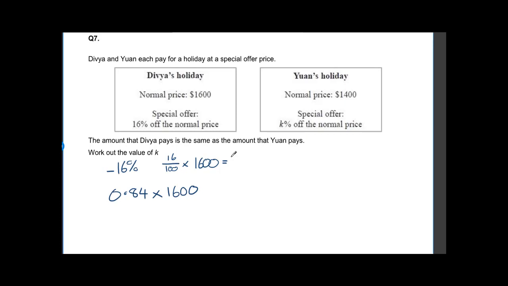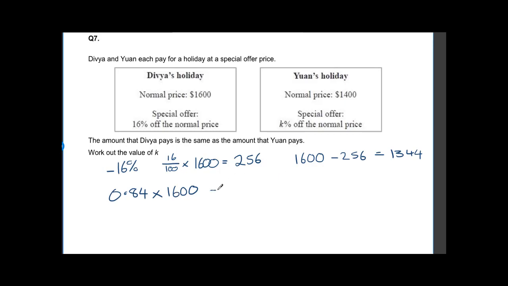Whatever that was, 256, and then you just take that away. So you get 1600 minus 256, which is 1344. I'll just do it this way on the calculator, 0.84 by 1600. 1344, same.